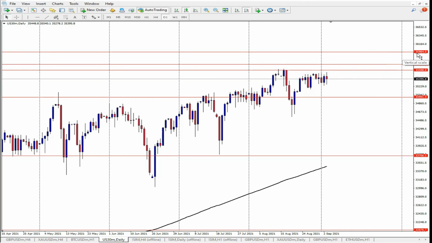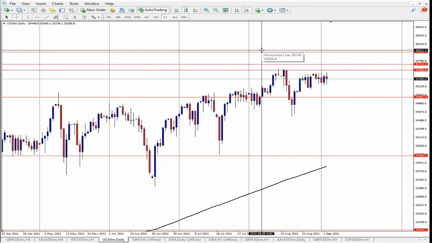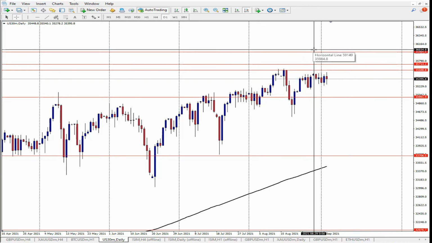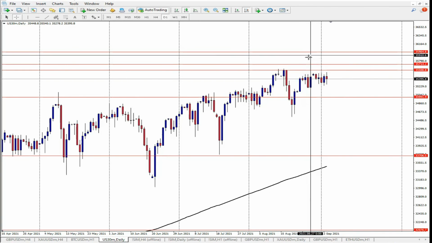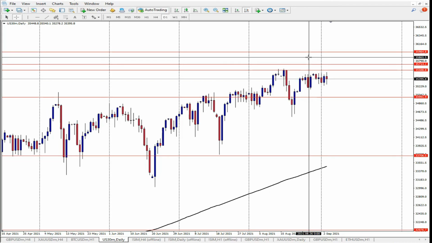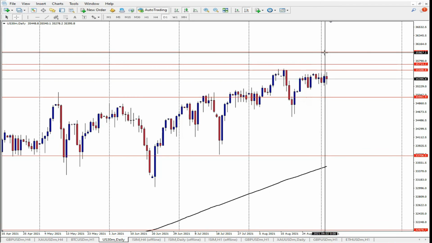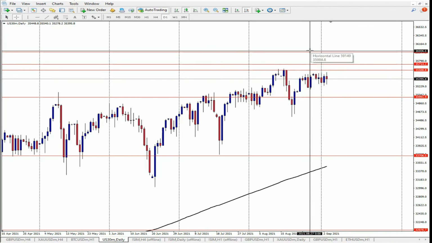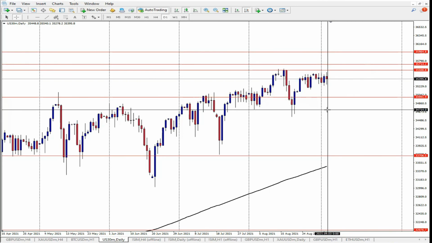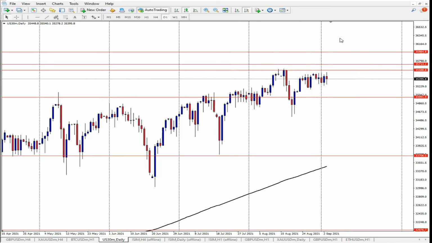That is around 35,900. So for those of us that will be chasing the round figure, you can go for 36,000, flat 36. I just like to sometimes leave out some points, so I will just stick to my fib, which is the 35,984 price level. So that is the potential target on the buys.